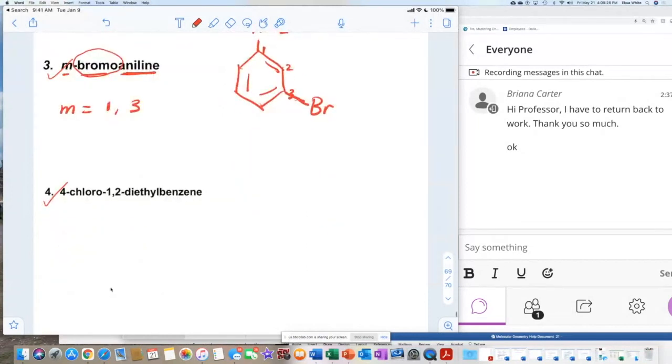Okay? Then finally, we have benzene diethyl. Let me start from the right. Benzene, I'll draw the group right here. Benzene, this is done. 1, 2, diethyl. I'll call this 1, 2, 3, 4, 5, 6. Position 1 and 2, I have two ethyls.